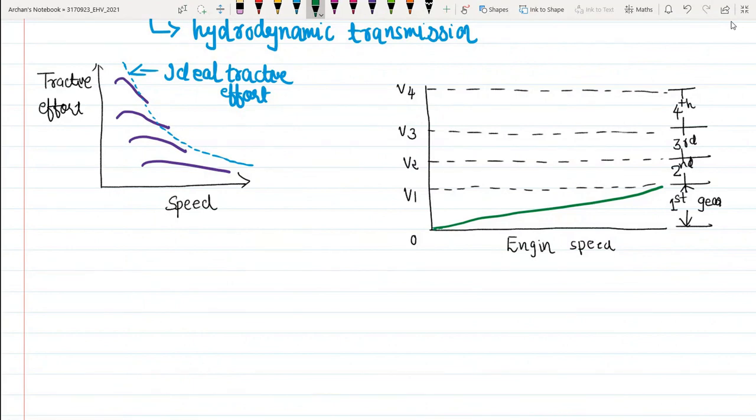Then from 0 to V2, we have this, 0 to V3, and 0 to V4.